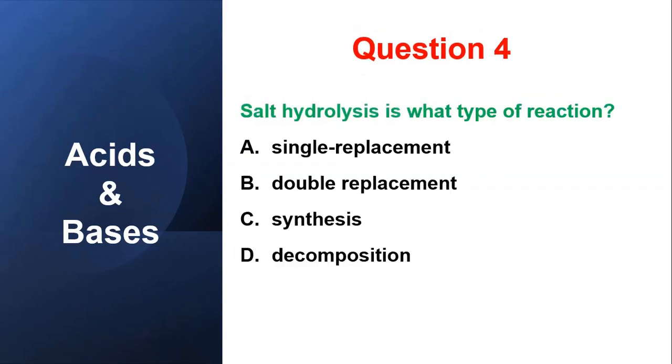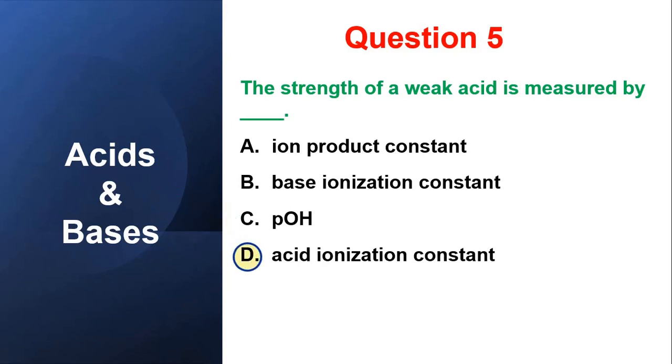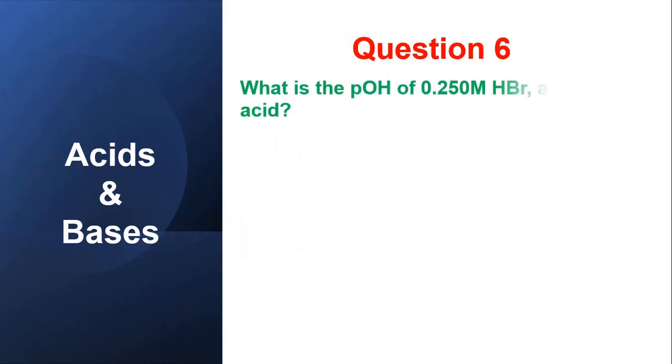Okay, we are in question 5. The strength of a weak acid is measured by... How do we know that we have a weak acid? It's Ka. So Ka is the acid ionization constant, correct.